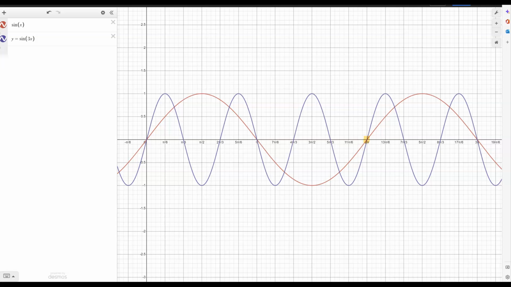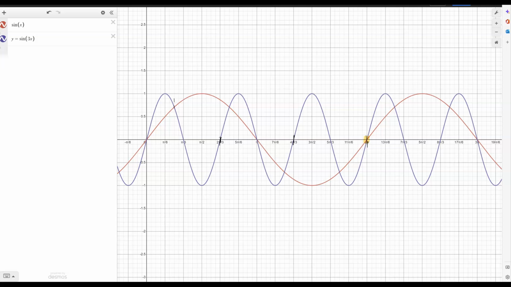Now you can kind of see. Instead of having just one cycle, the red, occurring once over a 2 pi period, if you follow this bluish purple line, you can see we have one cycle here, 2 cycles at our 4 pi over 3, and then a third cycle, and now we're back at our 2 pi.